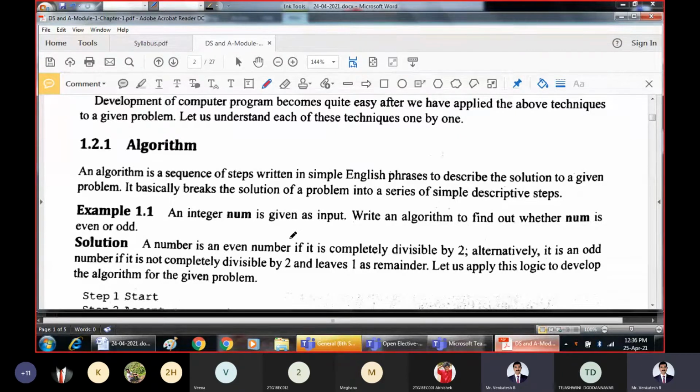Specifically, an algorithm is a sequence of steps written in simple English phrases to describe the solution to a given problem. Some problem is given to you and you should write or describe the solution for that particular problem. That is what an algorithm is. That is a sequence of steps to be followed. Some steps will be given to you and you have to follow those steps.